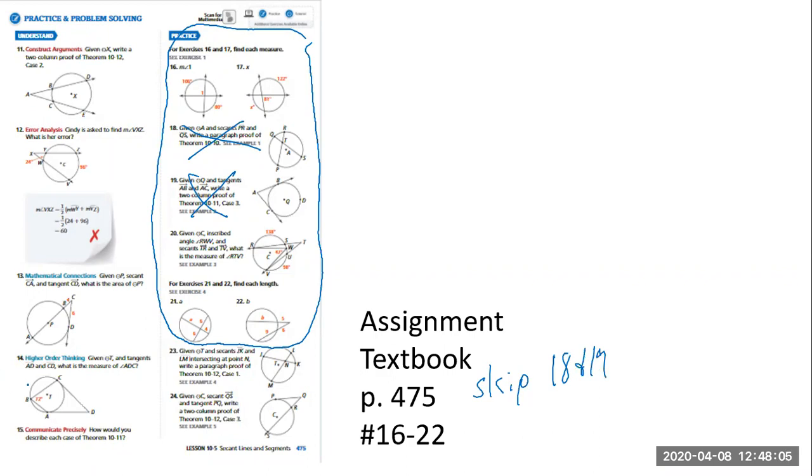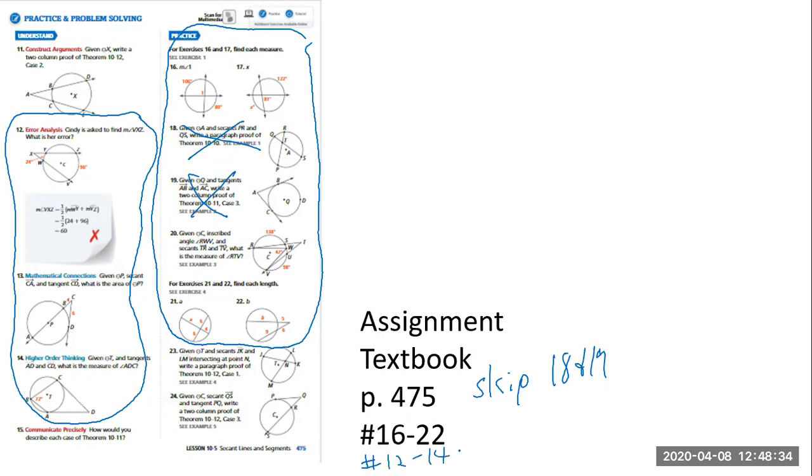Is there anything over here that we can do in place of it? These 3 questions here would be a good practice. I'd say you might want to try these 3 questions in place of those other 2. So I'm going to write on here number 12 through 14 because I don't want you guys doing proofs.